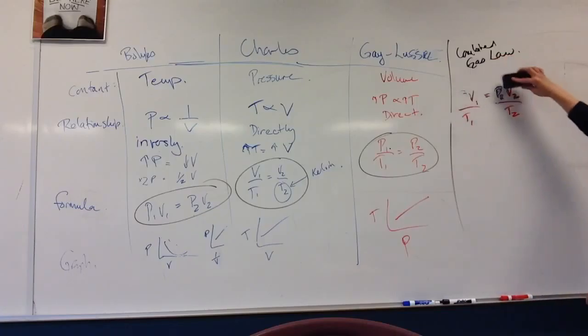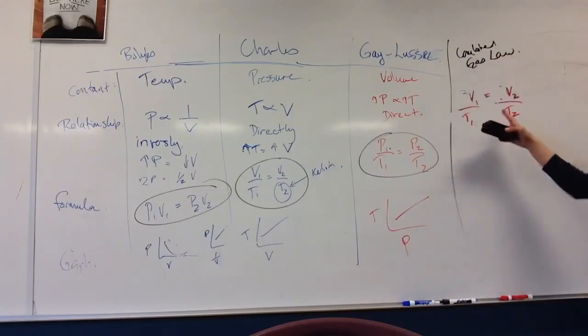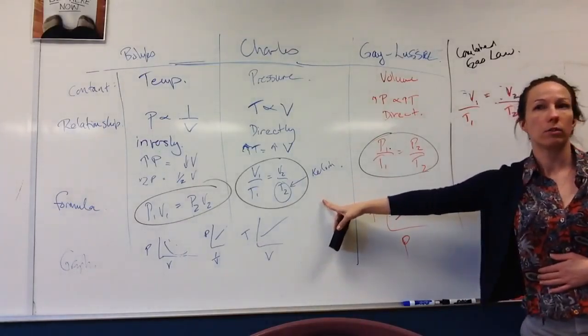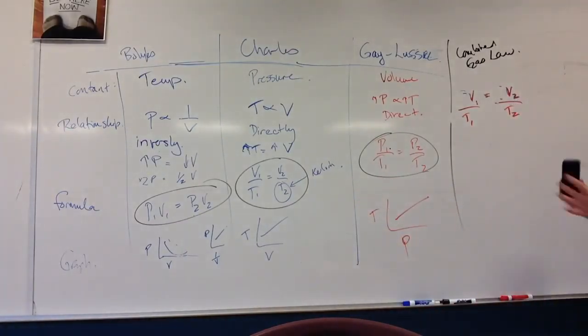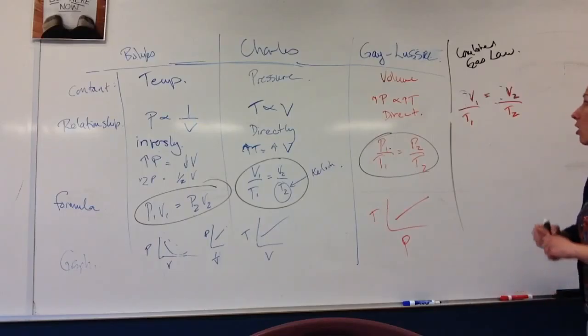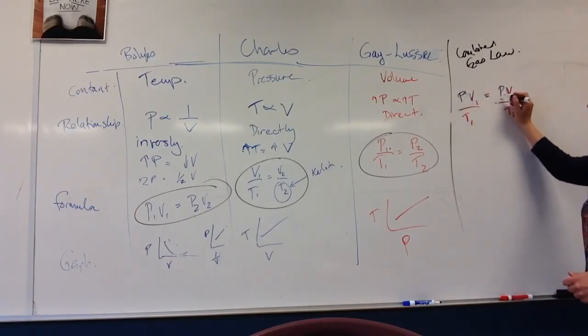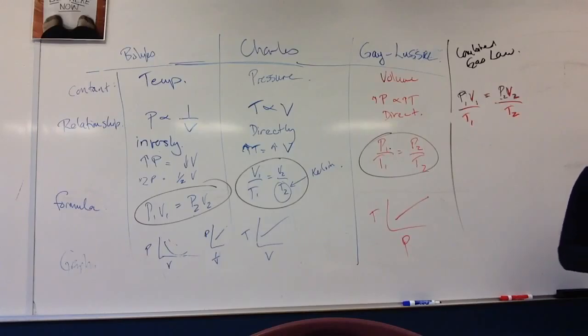So I rub out my pressure, and now I have what you just finished working on. Do you see that? So you actually only have to memorize the combined gas law, and then you can erase whichever variable is held constant, or you could use all three if the question's about changing all three things.